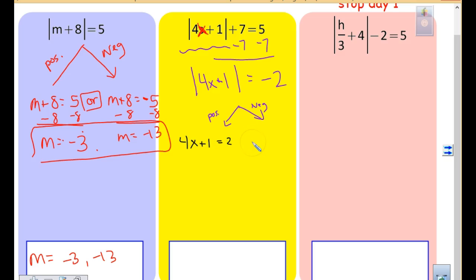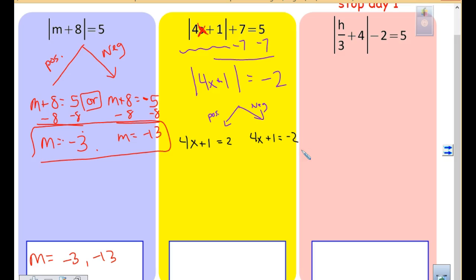Okay. If I'm doing the other side, Jack. 4x plus 1 equals -2. Okay. Could we keep going from that? Don't. It was a trick.